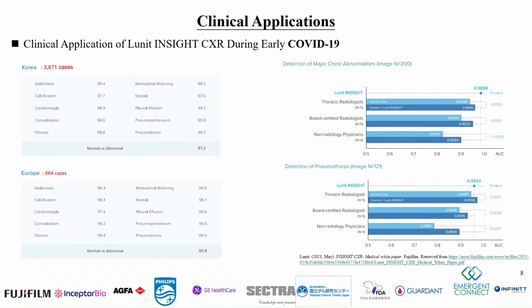The two clinical validation tests for the detection of major chest abnormalities and detection of pneumothorax achieved a reliability of up to 98% for chest abnormalities and 95% for the detection of pneumothorax.